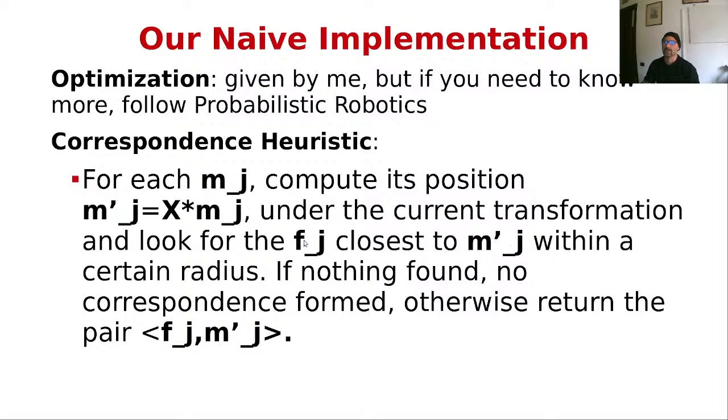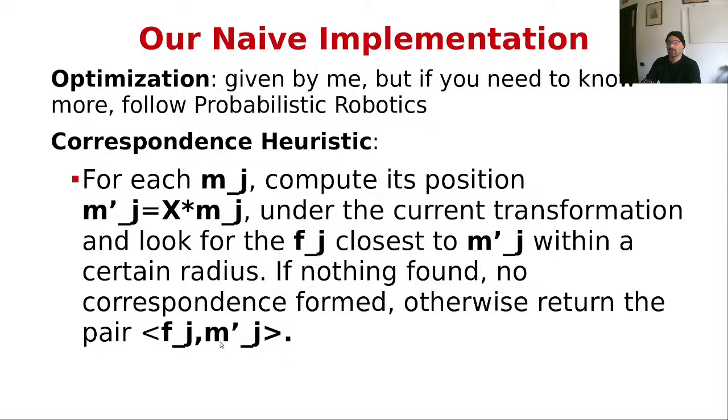Let's say fj is the point in the fixed cloud and m prime j is the point in the moving cloud after the transformation. We have to find the closest. Once we have done that, our correspondence heuristic will return a pair consisting of fj and m prime j, the already transformed point.